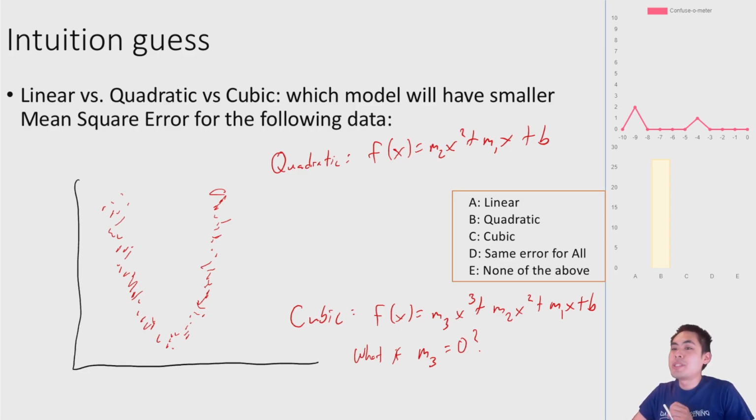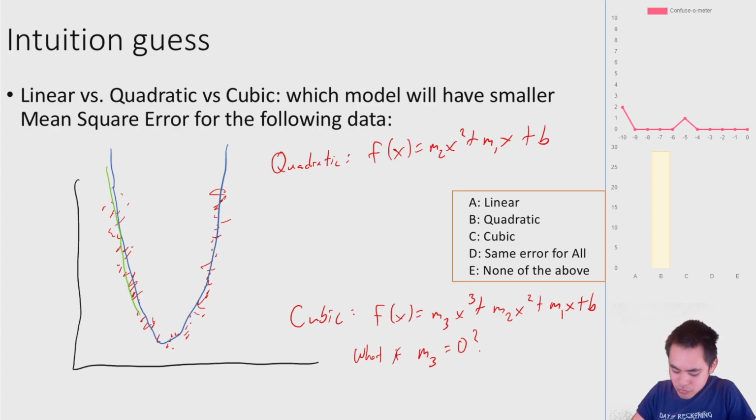If m3 is equal to 0, then a cubic model just turns into a quadratic model. So anything a quadratic model can do, a cubic model can do just as well, if not better. I mean, often better. So in this case, maybe you have your quadratic, which looks like that, and maybe you have your cubic, which looks like that, but they both actually have the same mean squared error.